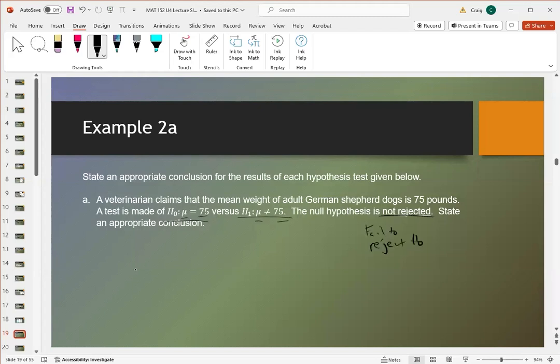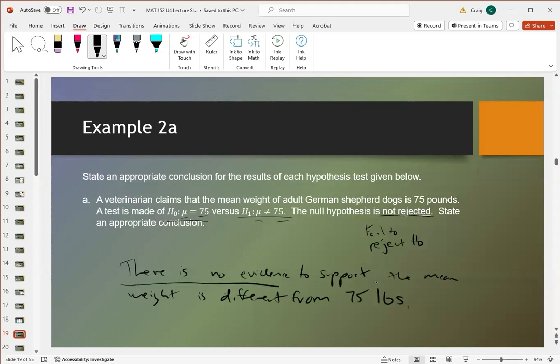I'm not going to write this all out, but there's no evidence to support the mean weight is different from 75 pounds. So you're writing about the alternative based on your decision about the null hypothesis.